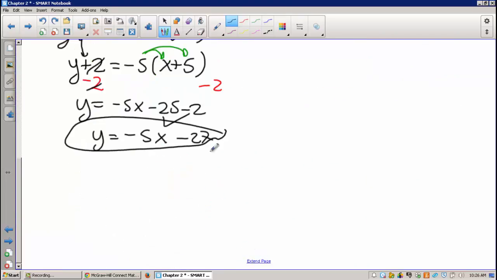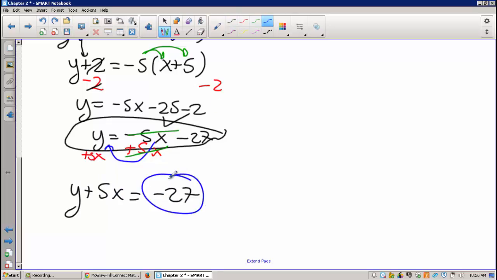This form, I just need to move this guy to the left. How? By adding the opposite of this to both sides. So this way we can cancel minus 5x. So y plus 5x equals negative 27. Wait a second. Are we going to move this one as well, negative 27 to the left?